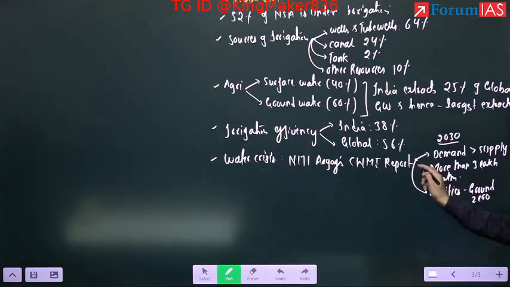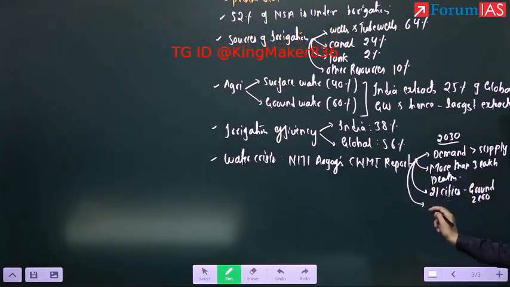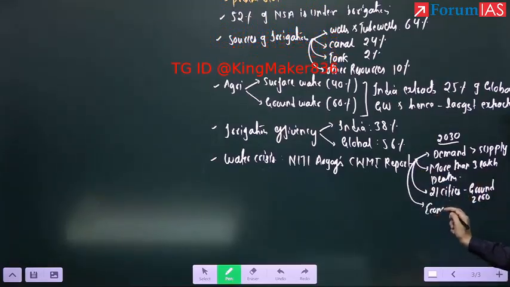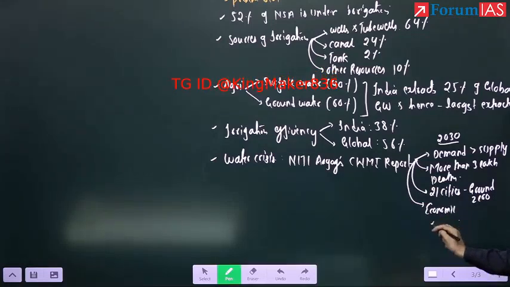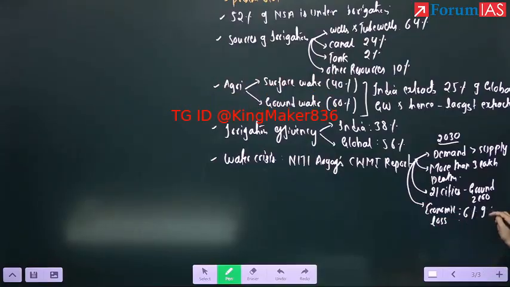And you must understand that whenever there's a water crisis, it ultimately translates into economic loss, which could be around 6% of our GDP.